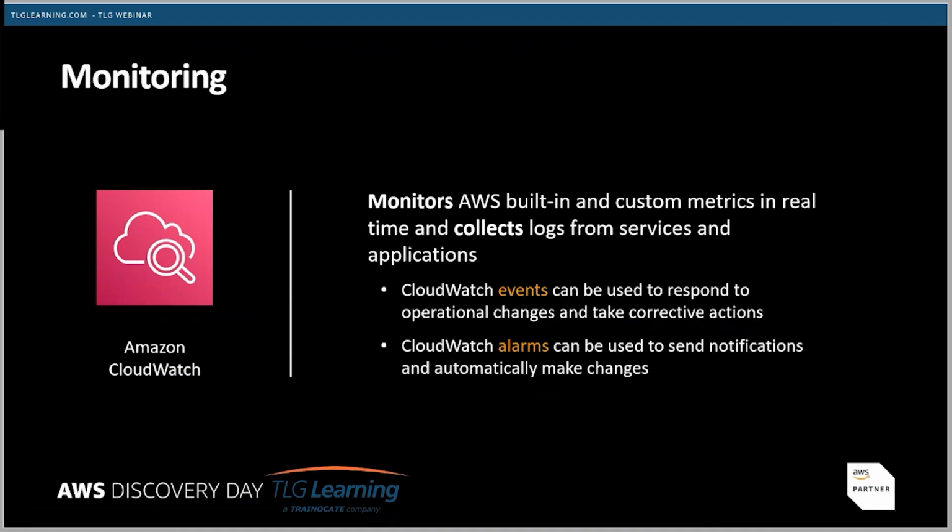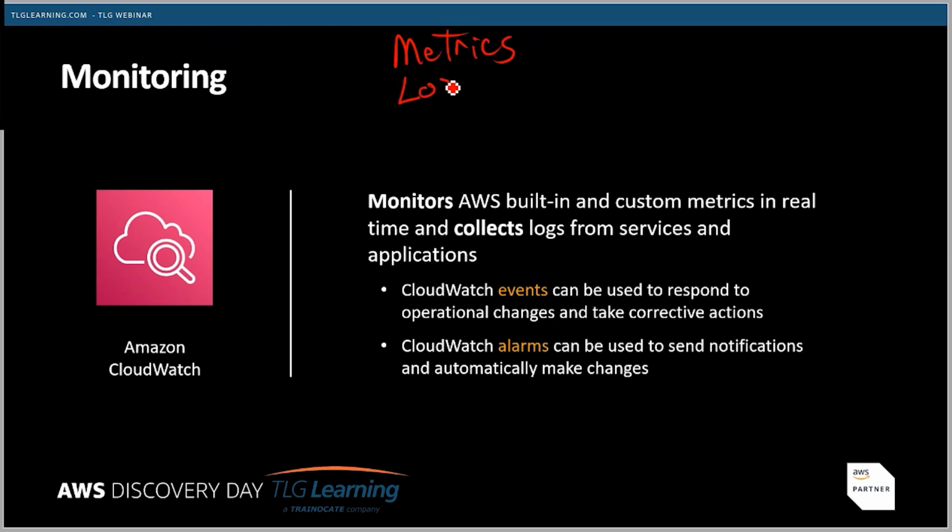CloudWatch has a number of different features available. With CloudWatch, we can find metrics. It's performance information. What's the CPU utilization of your EC2 instance? How much storage are you using in your S3 buckets? How many reads or writes per second are happening on your database, etc.